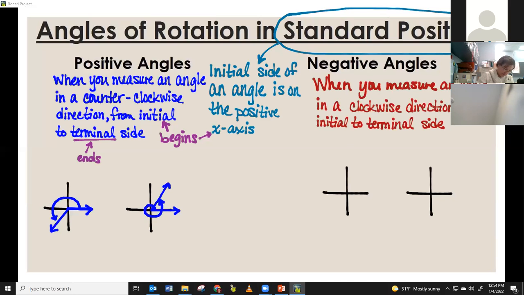Any angle that I can describe with a positive angle, measuring it counterclockwise, I could measure that exact same angle in a clockwise direction, and then it would become a negative angle, like this over here. Same exact initial side, same exact terminal side as the first angle that I drew on the positives, but because I'm measuring it in a clockwise direction, this would be a negative angle.